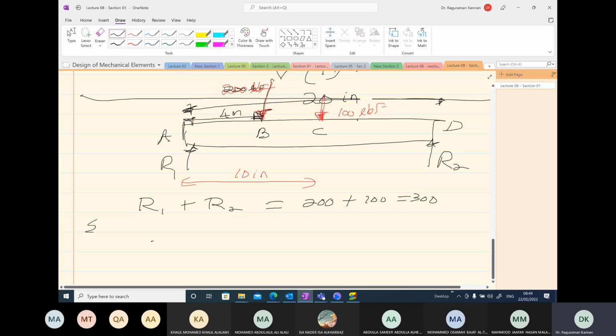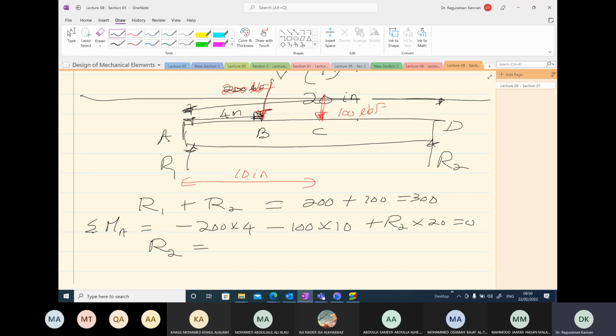we can take moment about A. What is the result we are going to get? Minus 200 times 4 minus 100 times 10 plus R2 times 20 must be equal to 0, and R2 we can solve. 800 here, 1000, 1800 divided by 20, so 1800 over 20.